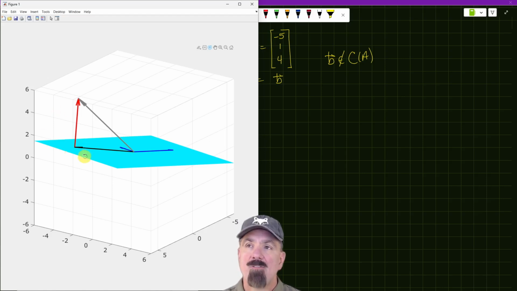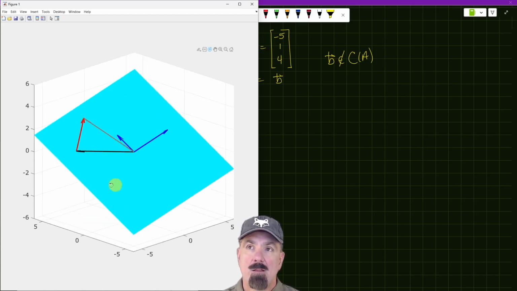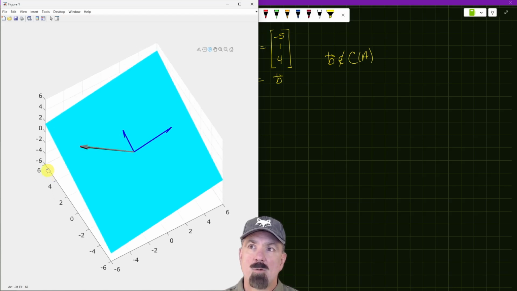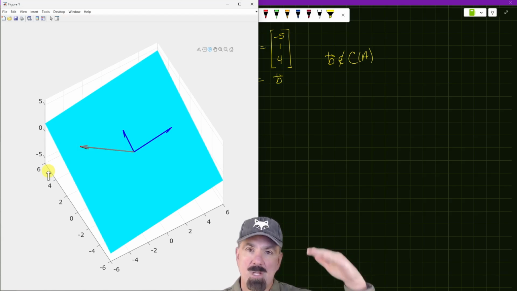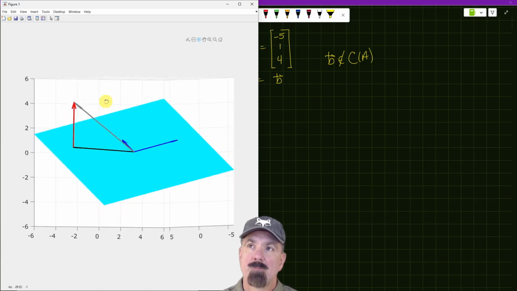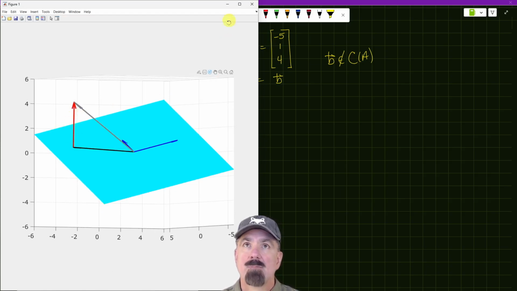There are other vectors in the column space of A here, but those vectors are all farther away. The best we can do is to project straight down, perpendicular to the plane. And that's exactly what the projection matrix does. And then the error is going to be right here.